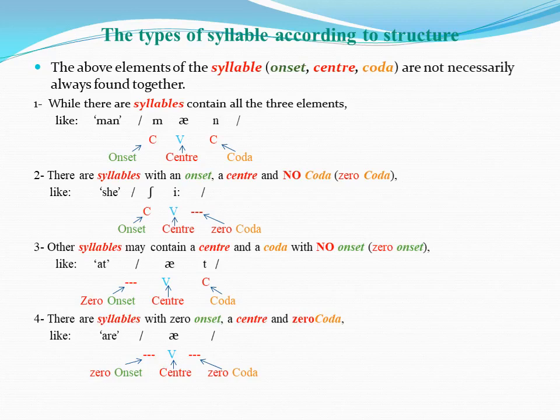There is no onset and there is no coda, as in the words ah, or, I. In these words, we have only a vowel, and this vowel represents the center of the syllable. There is neither an onset nor a coda.